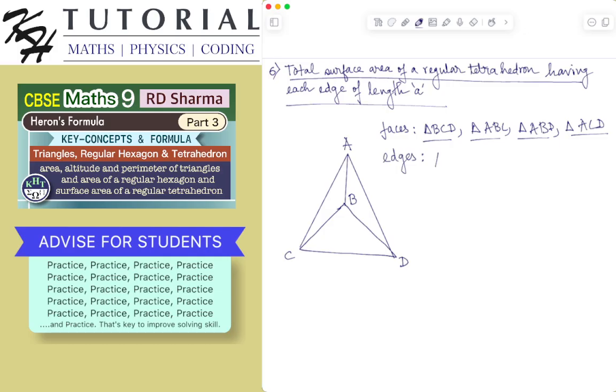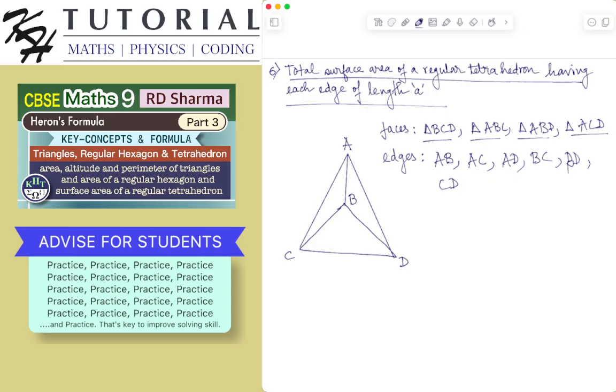So the edges are AB, AC, AD, BC, BD, and then also CD. These are the edges and they are of equal length, which is basically the length of each of the equilateral triangles. So we say the regular tetrahedron having each edge of length A.